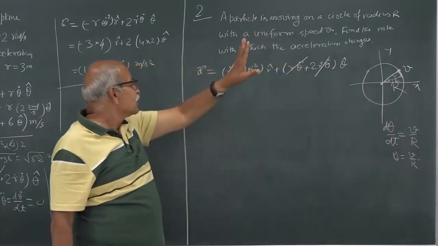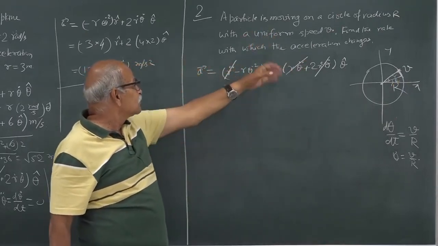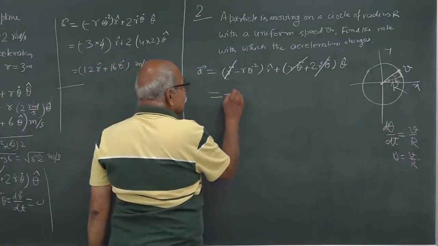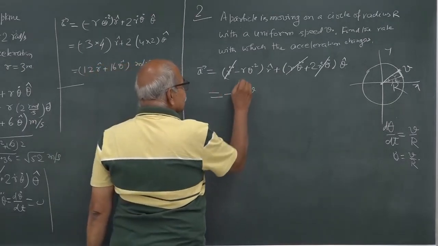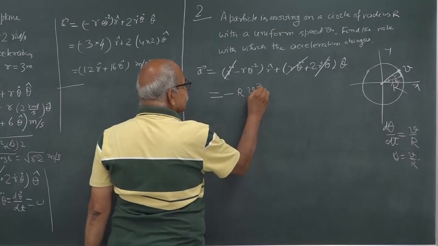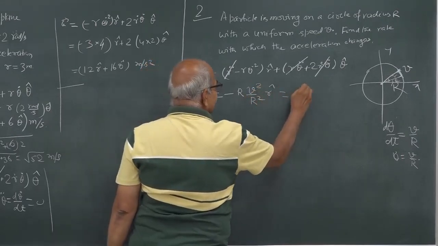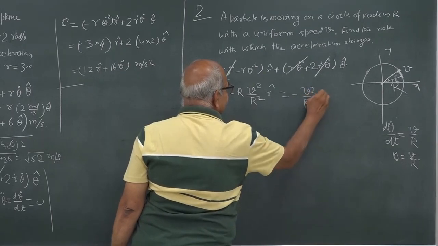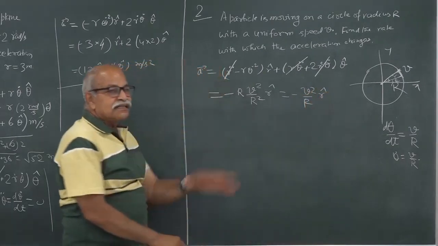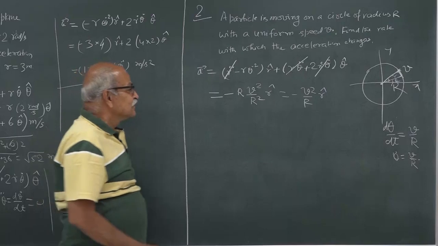So, this is gone, and then you have minus r theta dot square, and theta dot is v by r, this r is capital R, and this is v square by r square r cap, and that is minus v square by r cap. So, this result you anyway know.